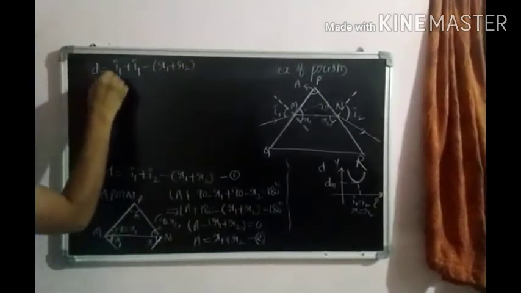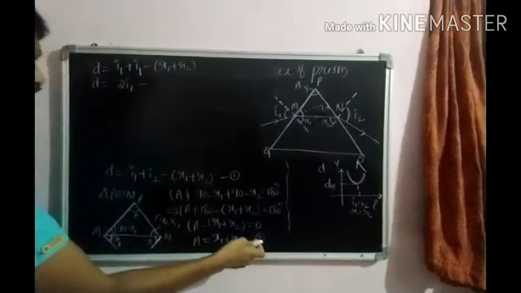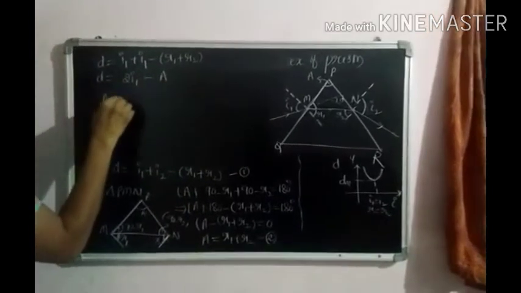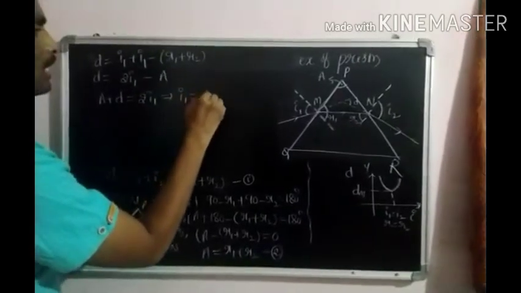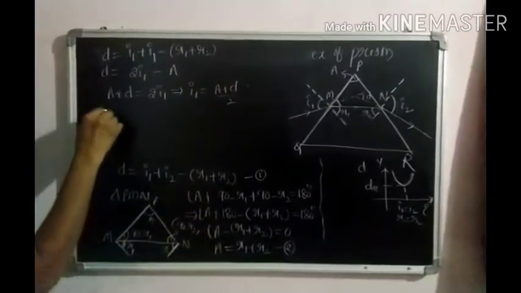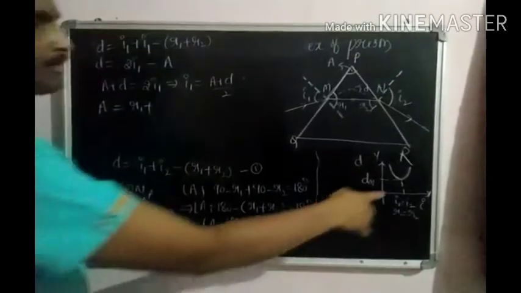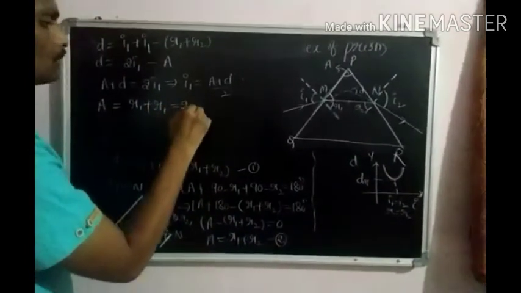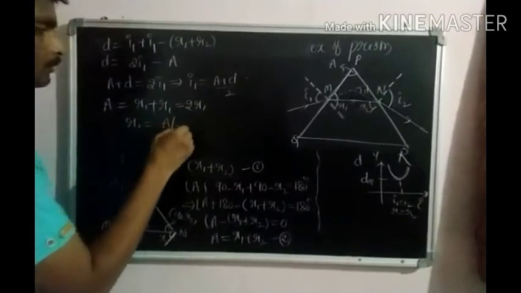So D equals 2I1 minus (R1 plus R2), and from equation number 2 we can write A. So A plus D equals 2I1, then I1 equals (A plus D) by 2. The second equation becomes A equals R1 plus R2, and at minimum deviation R1 equals R2, so A equals 2R1. So R1 equals A by 2.